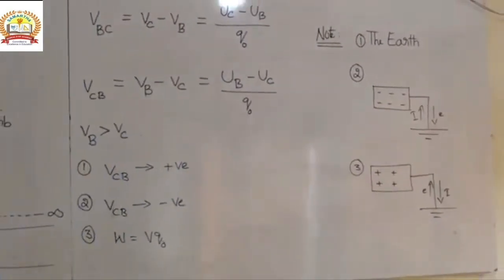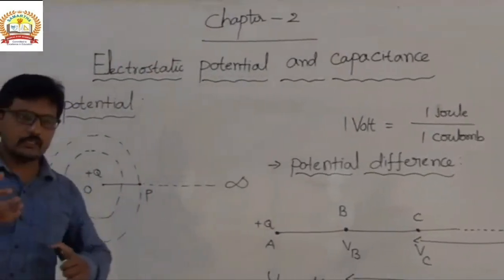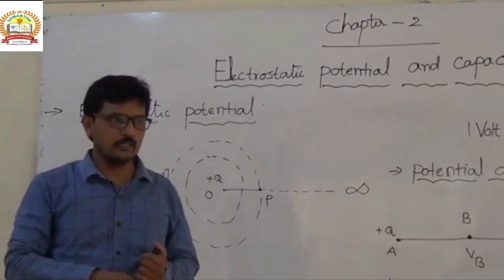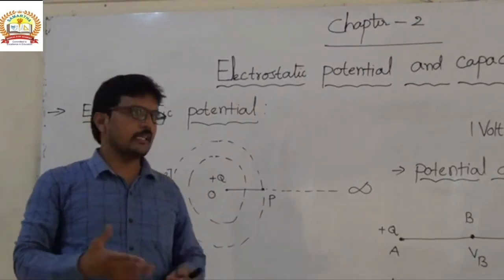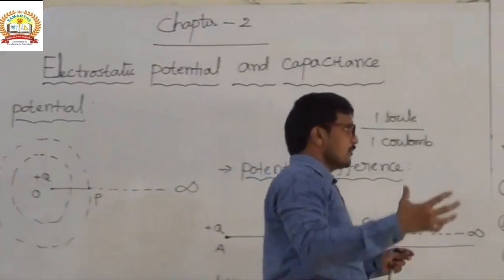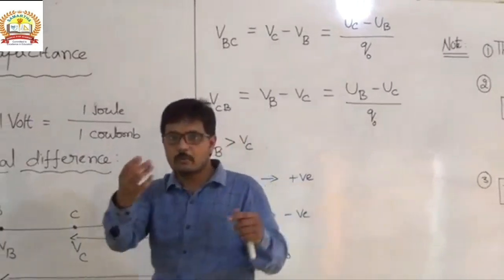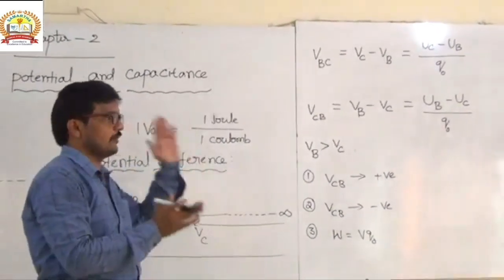Like when we compare with the sea water: when we take some water from the sea, there is no change in the amount of water, and if we add some water to the sea, again there is no change. In the same way, when we add some amount of charge to the earth or remove some amount of charge from the earth, there is no change in potential.